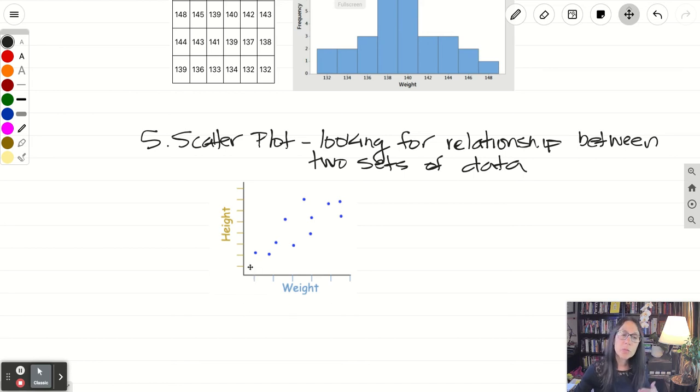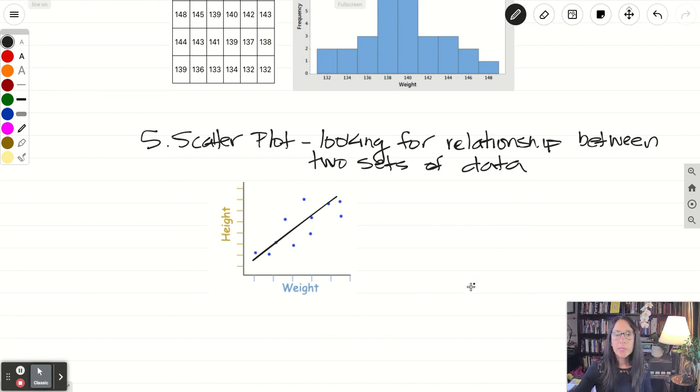So what you would usually do with a scatter plot is put in a best fit line, which is what it's called, where you just find a line that goes through the middle, and it does trend upward, which means that there is a positive correlation between height and weight. Okay, so on average, the taller you are, the more you're going to weigh.